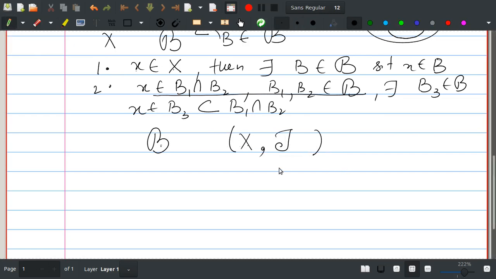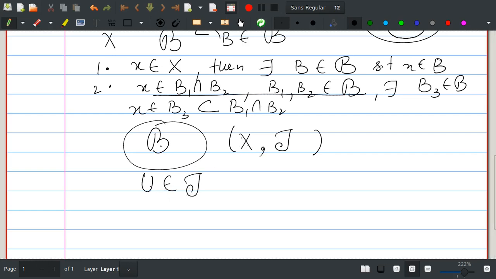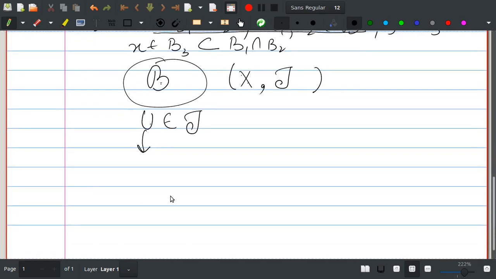So now there is this question: if this T is a topology generated by these elements which are in this collection, then how does an open set in X look? I.e., if U is in tau, which means U is open in X, then how does this U look? I mean what is the criteria for U to be an element of this collection tau.